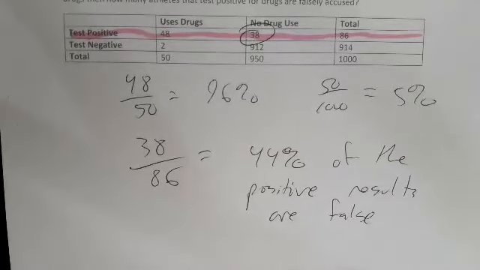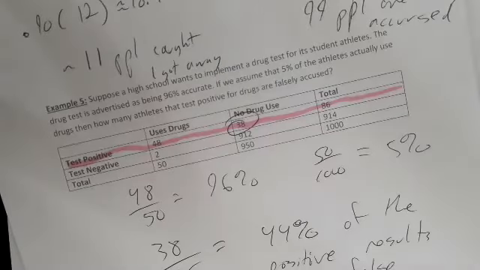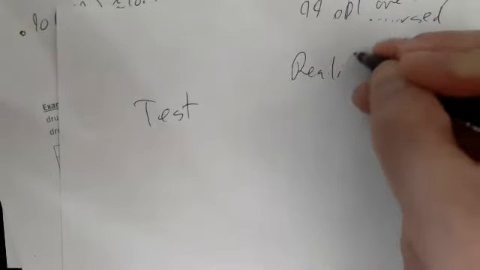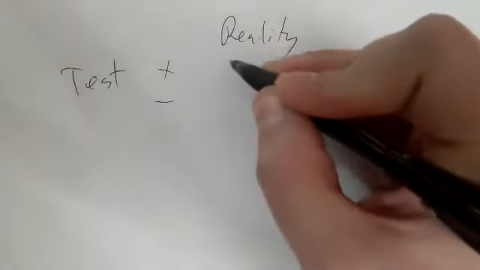So this is another thing with our judicial system. There's the test, and then there's the reality. That's what these tables are based on. The test either says you're positive or negative, and in reality you either did it or didn't.